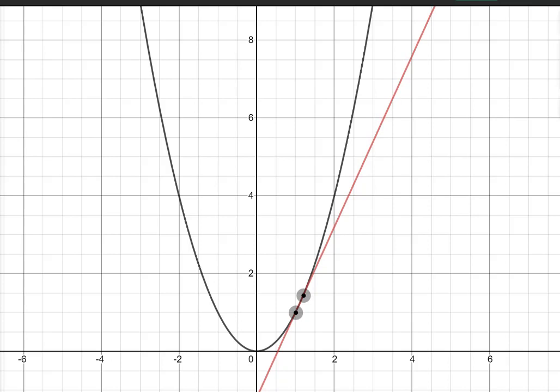So the closer the slope of that secant line would be to the slope of the tangent line. You get pretty close to what the slope of the tangent line is, but it's never going to be the exact thing. So how do we get the exact thing?